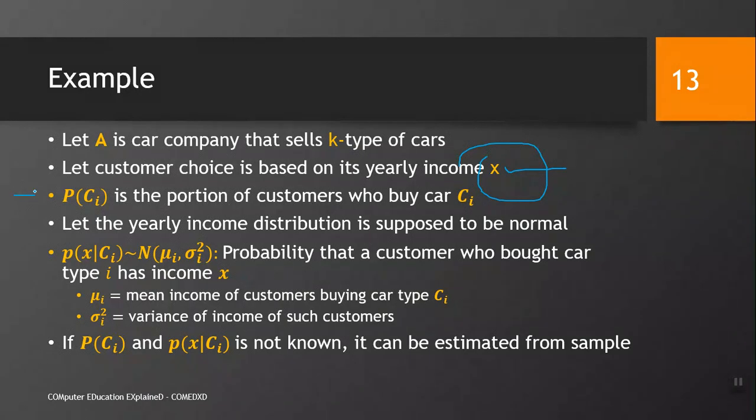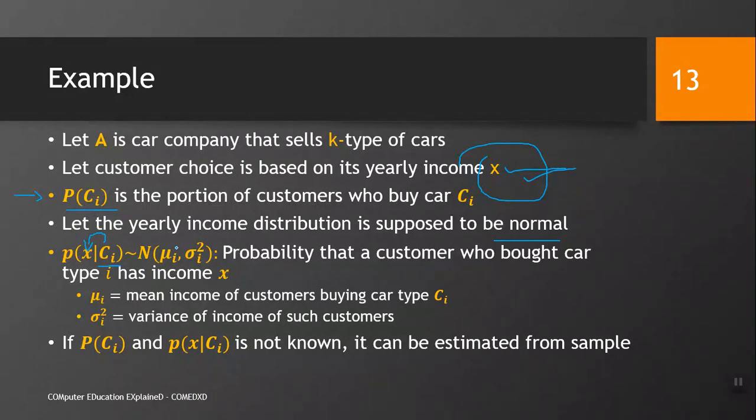Let the probability of class Ci, which is a prior, be the portion of the customers who buy car Ci. Let the yearly income distribution be normal, which I have said on this line as well. Now we suppose this is the probability of x given Ci. What does it mean? It means that if we are given some particular class, what is the probability distribution of salary.